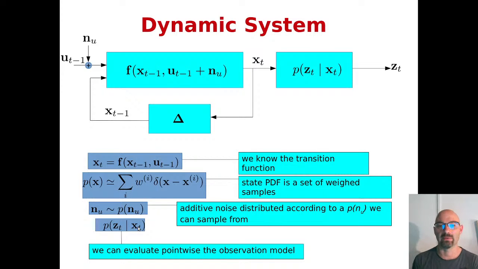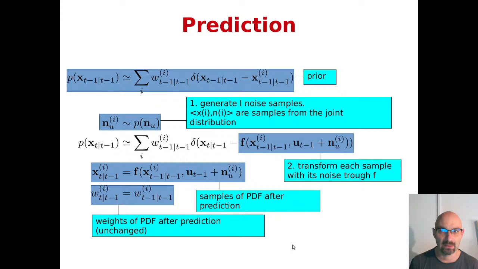I just need a piece of program that, if I give it a value of z and a value of x, returns the number that corresponds to this function evaluated at that point. Okay. This is the setting, and now let's look at what we can do.